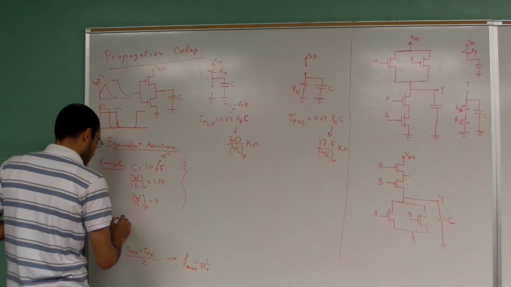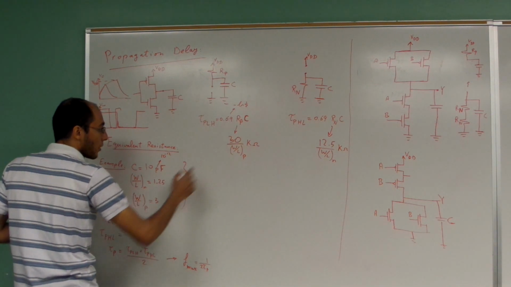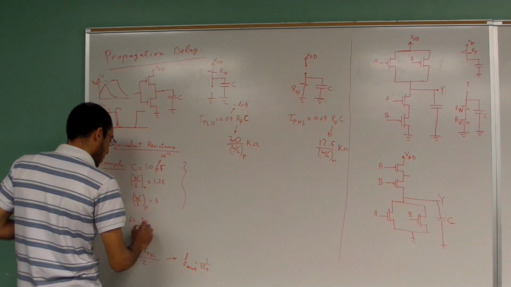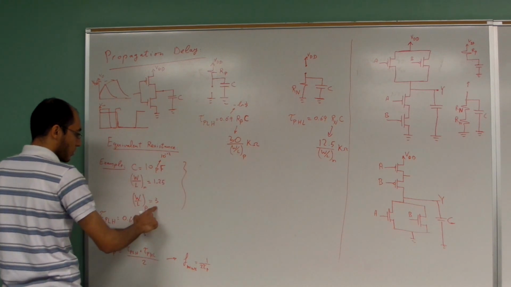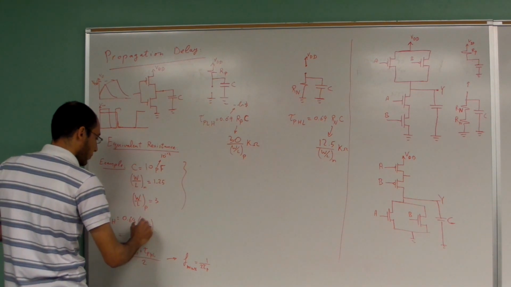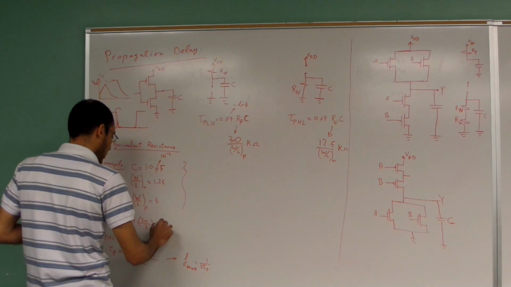Just substitution. You end up with 30 over W over LP, where W over LP is equal to 3, multiplied by the capacitance, which is equal to 10 power negative 12.